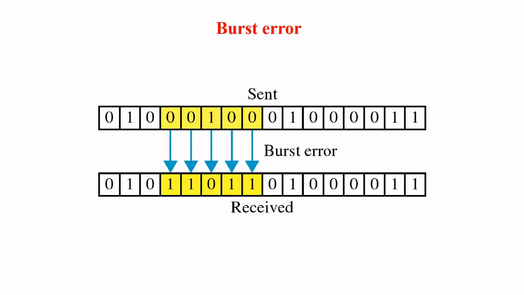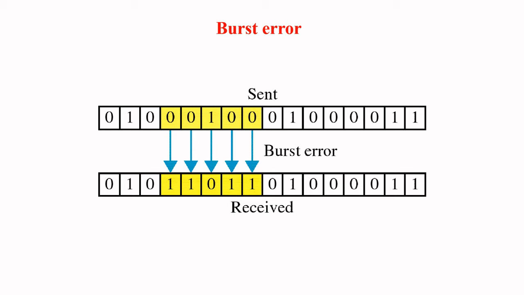Now the third category of error is burst error. In burst error, there are too many bits that are changed when data is transferred from sender to receiver.